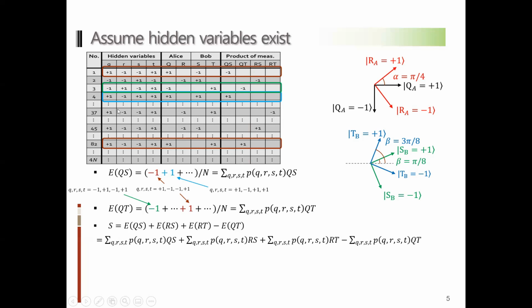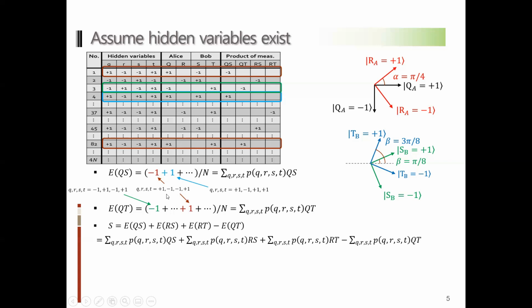Charlie just randomly chooses 1 out of 16 possible combinations. The reason sometimes the measurement is involved in the QS, or sometimes in the QT, is because Alice and Bob randomly choose their measurements.